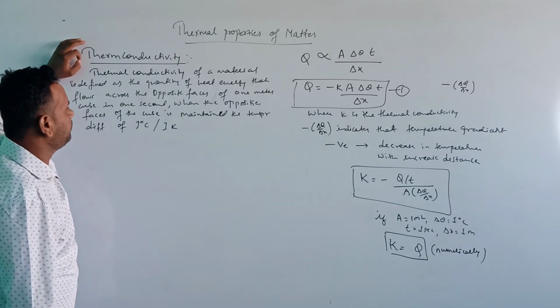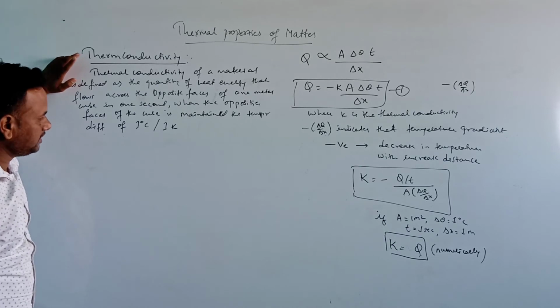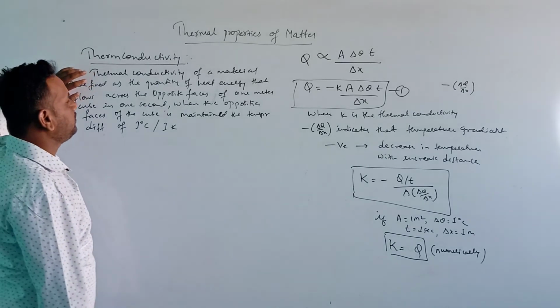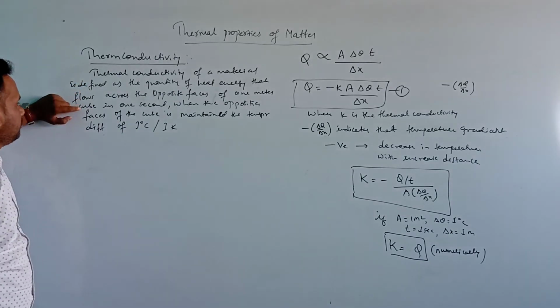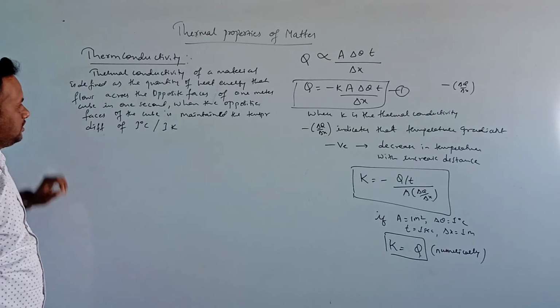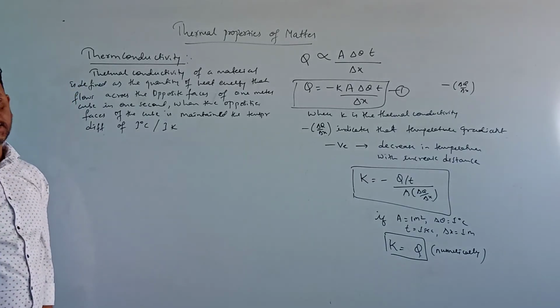The thermal conductivity of a material is defined as the quantity of heat energy that flows across the opposite phases of a 1 meter cube in 1 second, when the opposite phases of the cube are maintained at a temperature difference of 1 degree Celsius or 1 Kelvin.